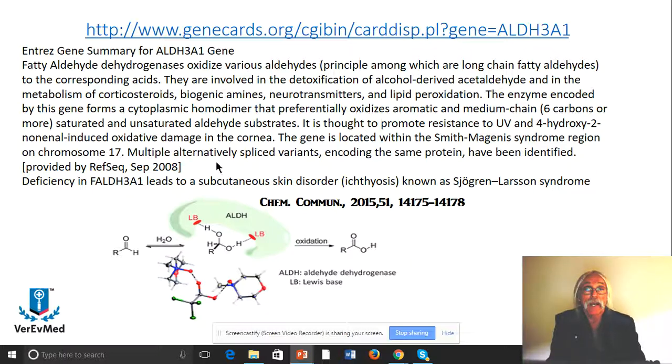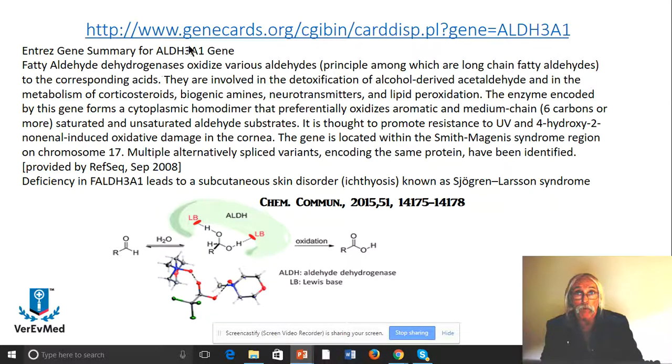That gene can be alternatively spliced, and some of those splice variants are null proteins, so they're not active. Hence, you get a buildup of that 4-HNE from ultraviolet light, and when you have a complete loss of that, you can get this Smith-Magenis syndrome, excuse me.